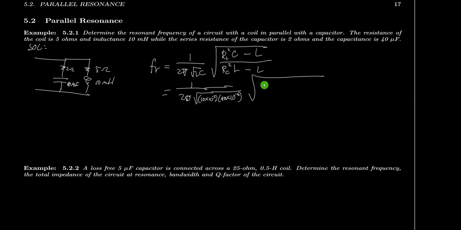And again, this is RL, the resistance of the inductance, 5 squared times the capacitance, 40 times 10 to the negative 6, minus the inductance, 10 times 10 to the negative 3 millihenry, all over RC, 2 ohms squared, multiplied by the capacitance, minus 10 times 10 to the negative 3.